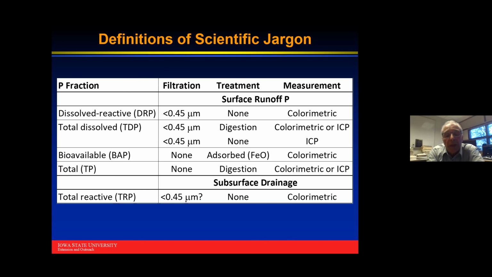And then we have total P, where there is a strong digestion, and once it is digested, measuring with the colorimetric method or ICP is the same thing.